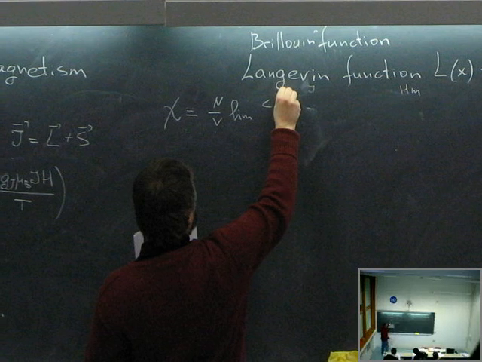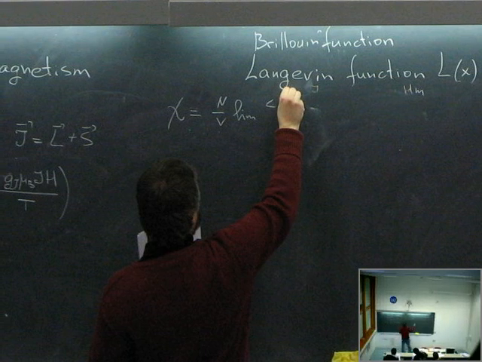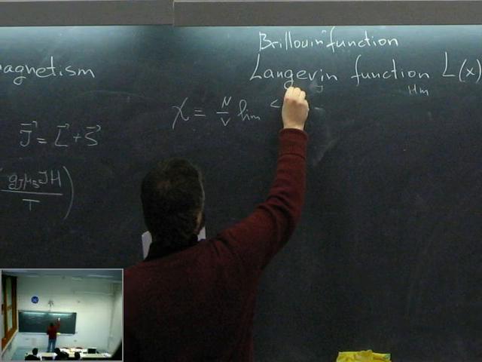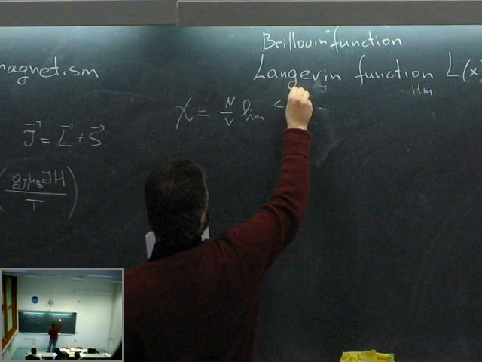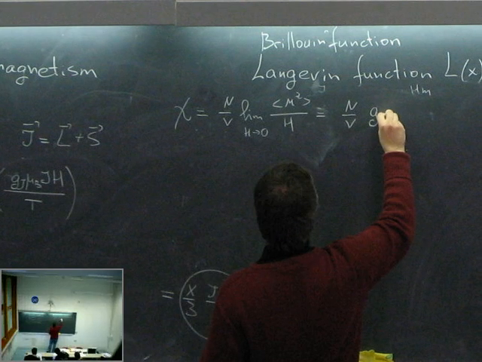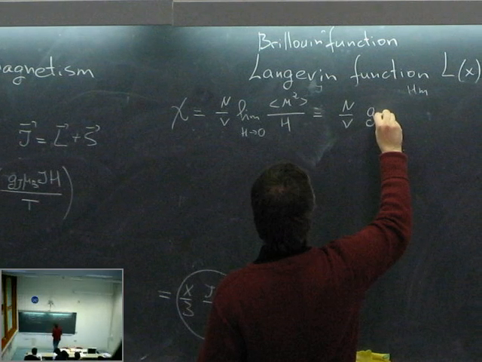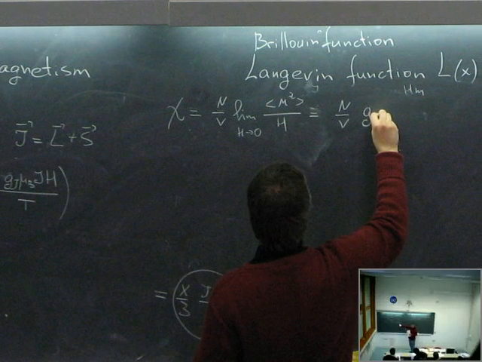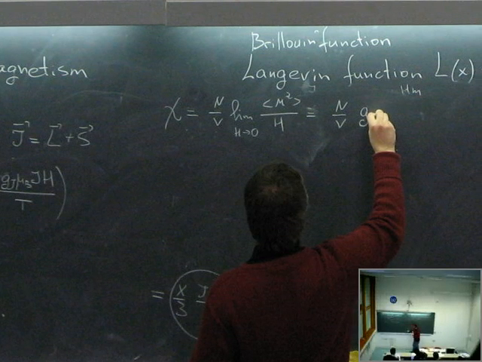But M_z is given by this expression. So this is n over B, g_j mu_Bohr j, times B_j. Now I have to replace this function by its argument.